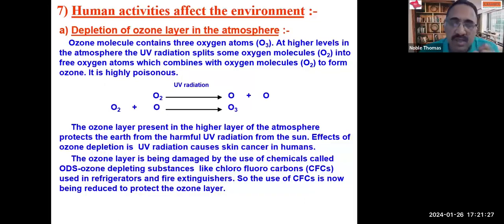Sun releases large number of radiations, and one of the major radiations are ultraviolet radiations. And these ultraviolet radiations are high energy waves, and if they reach the earth directly, they can be extremely harmful. Luckily, a large amount of these ultraviolet radiations on the way to earth hit on the ozone particles, and the energy of the ultraviolet radiations will be utilized for breaking the ozone into oxygen atoms.